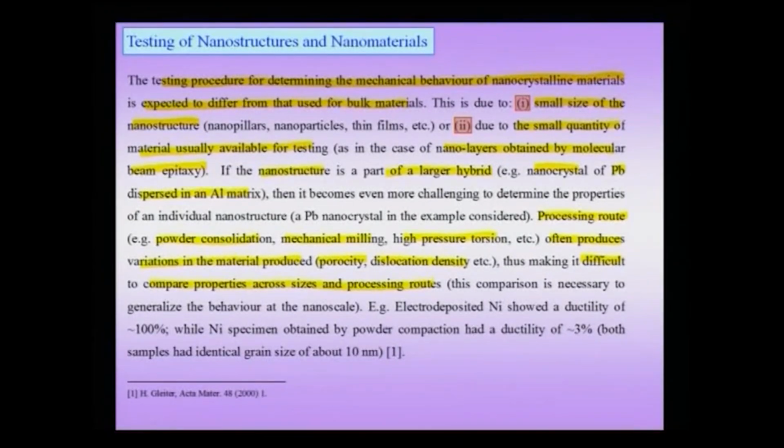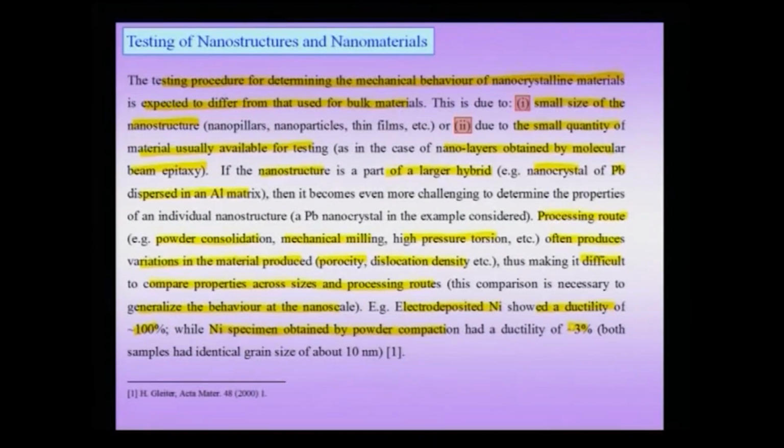Therefore, it becomes difficult to find a way of generalizing the behavior at the nanoscale. To give an example, suppose I have electrodeposited nickel. It showed a ductility of about 100%, that means a very good ductile material, while the same nickel, if produced by powder compaction, had a very little ductility of 3%.